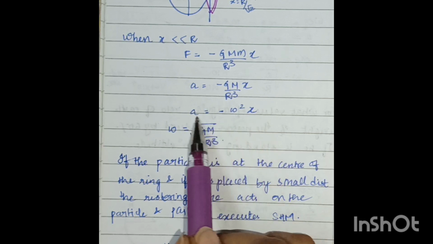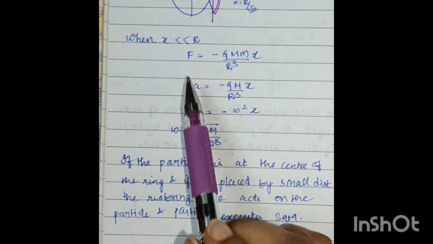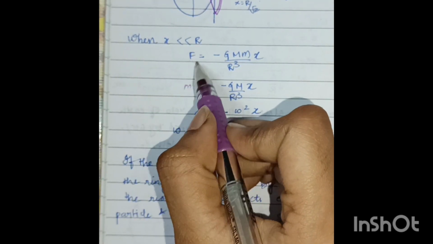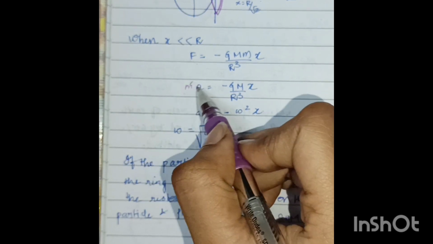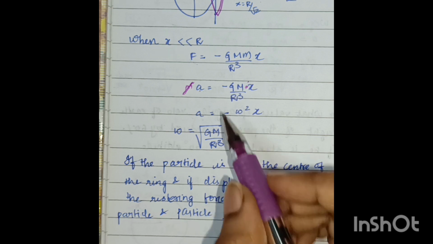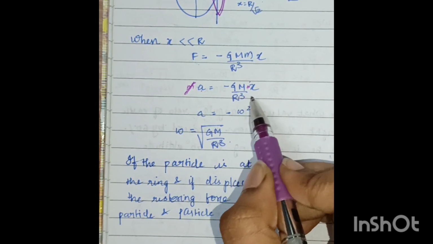Force is equal to mass into acceleration, this small m into acceleration, and from this m and this mass, the small m will go. So acceleration is equal to minus G capital M x by r cube.